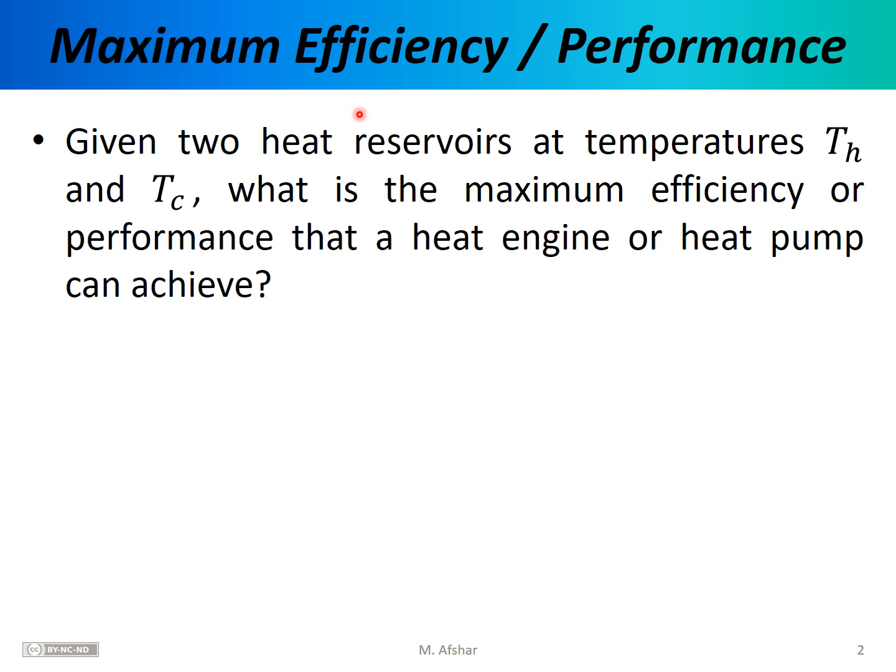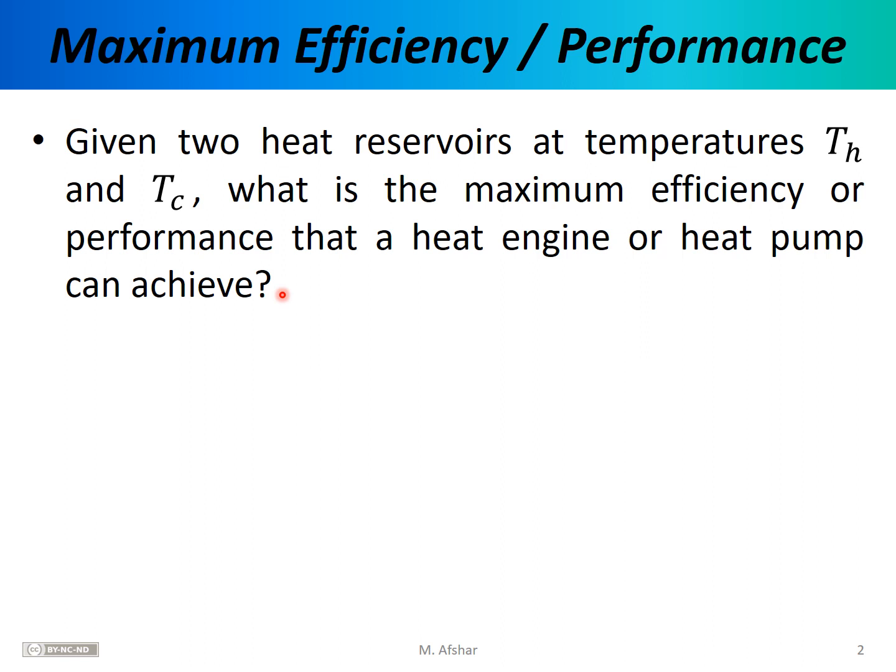So we want to know the maximum efficiency or performance that is achievable by the optimal thermodynamic cycle. A little more precisely, this is the question we want to explore in this lecture. Given two heat reservoirs at temperatures TH and TC, what is the maximum efficiency or performance that a heat engine or heat pump can achieve?